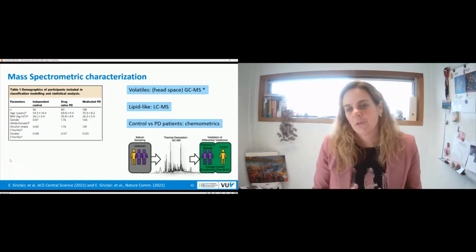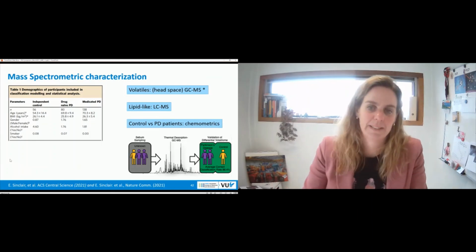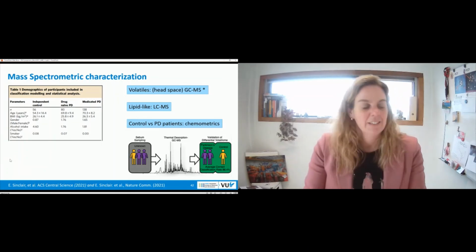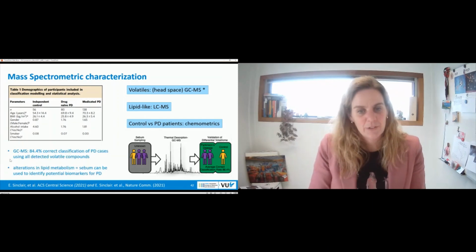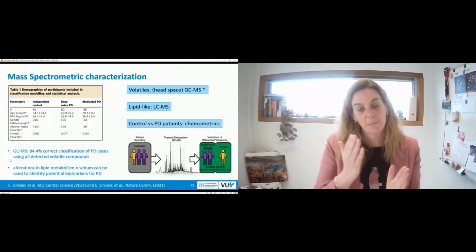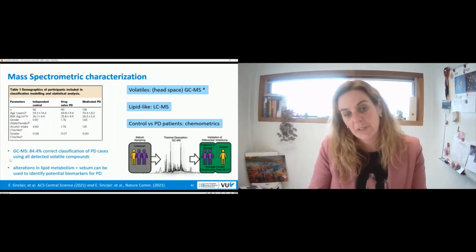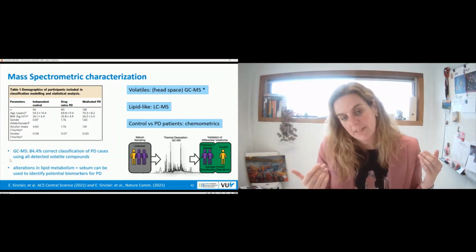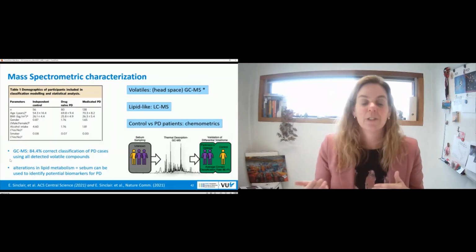And of course, to compare the controls with patients, we had a lot of data analysis methods. The nice thing that we found is that we could classify about 85% correctly, based on the biomarker profile, whether the person had Parkinson's, yes or no. And with the LC work, we could find lipids that could be potential biomarkers.